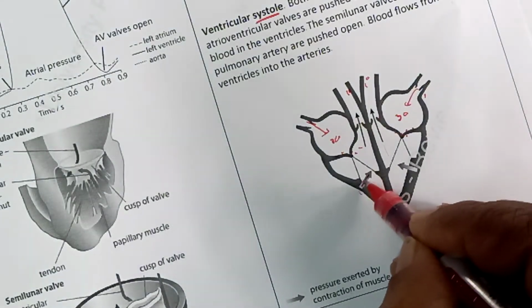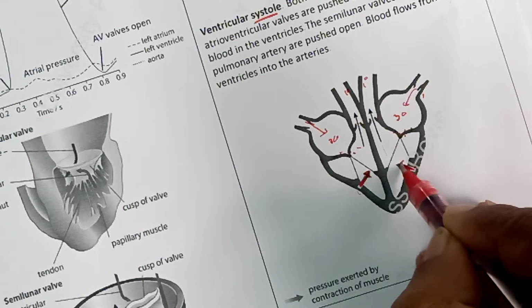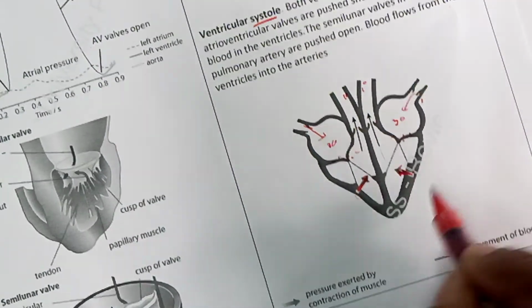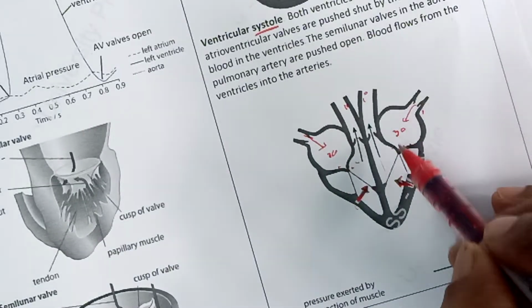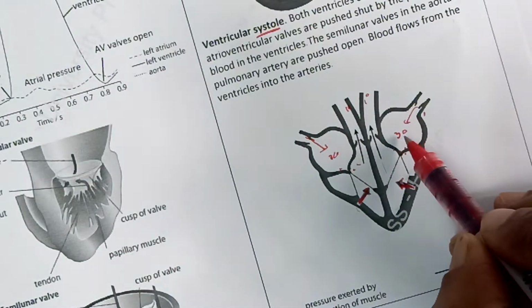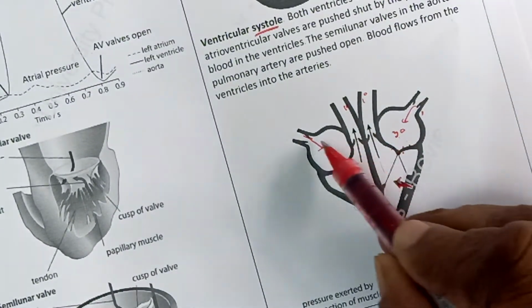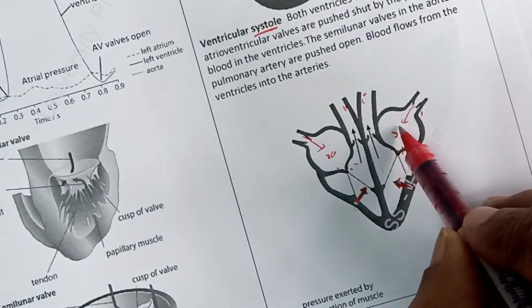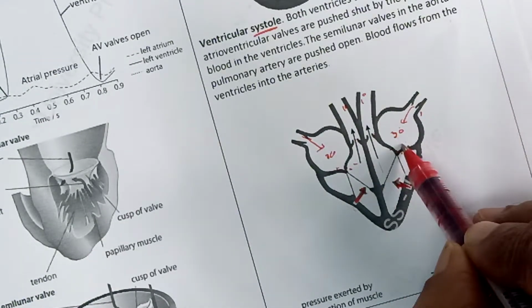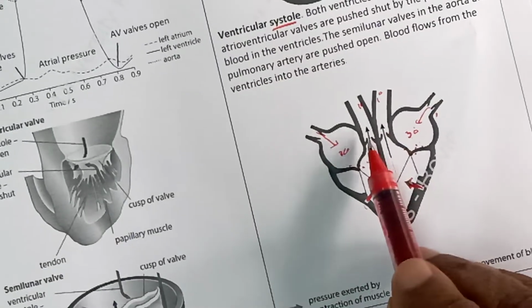These two arrows show that there is ventricular systole. Systole means contracting, and it moves up. Now after this, what will happen when a lot of blood is getting inside here? These two valves open, and this repeats. You get the point.